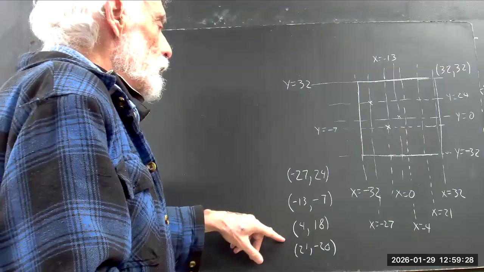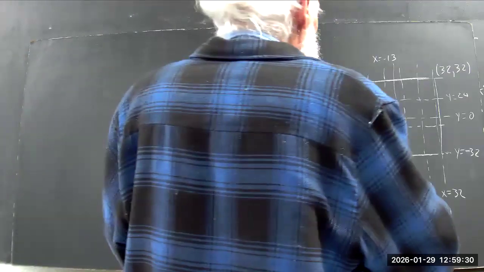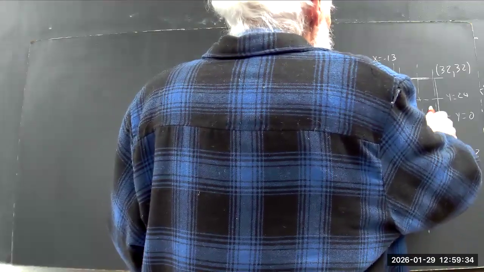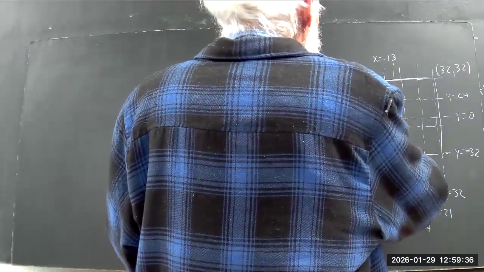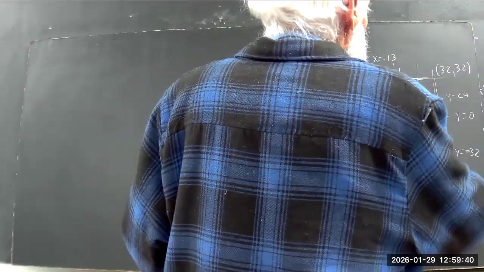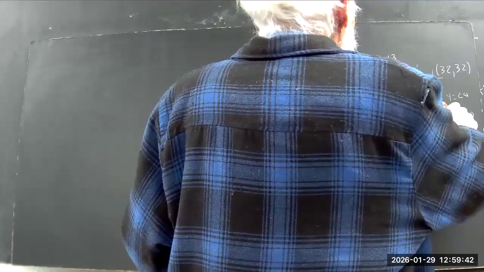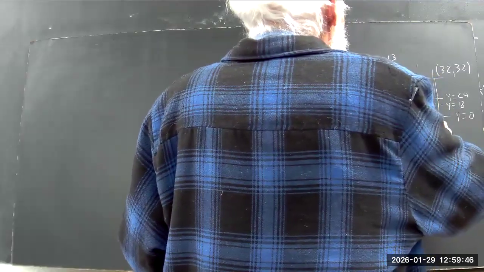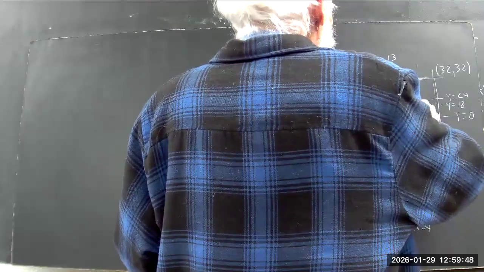That's our point. Then 4, 18. Here's the x equals 4 line. 18 is between 0 and 24, about 3/4 of the way. So that's y equals 18. And we're going to have that point.